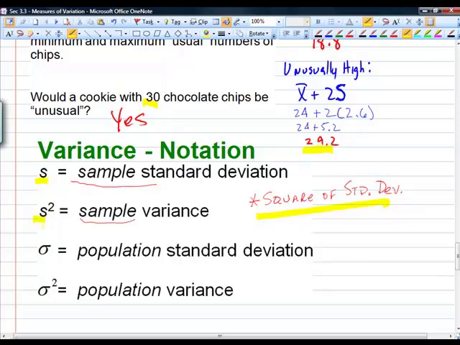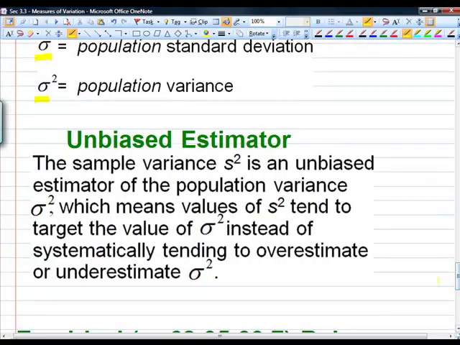If you see an s, you know you're looking at a sample. If you see a sigma, you're looking at a population. Very good. All right, unbiased estimators. The sample variance, s squared, is an unbiased estimator of the population variance, which means that the values of s squared tend to target the value of sigma squared, instead of systematically tending to either overestimate or underestimate the value of sigma squared, the population variance.